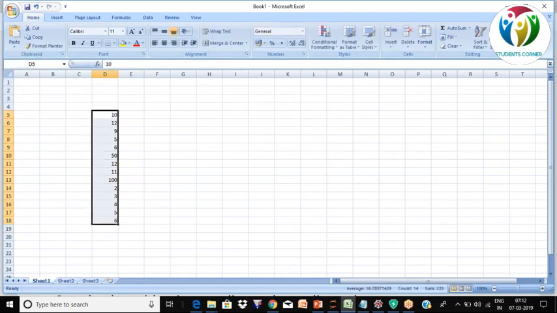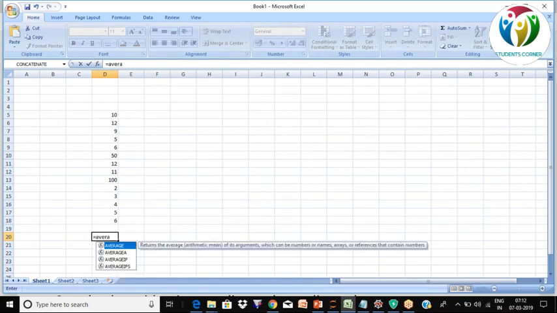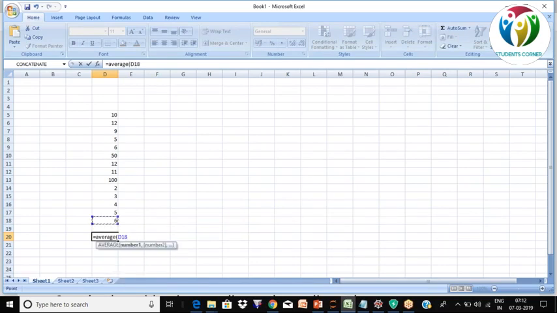Let's say in one of the columns you have this data. Now, if we look at the average, it is coming out to be 16.78. What do you think? Is this average correct when we look at the data?